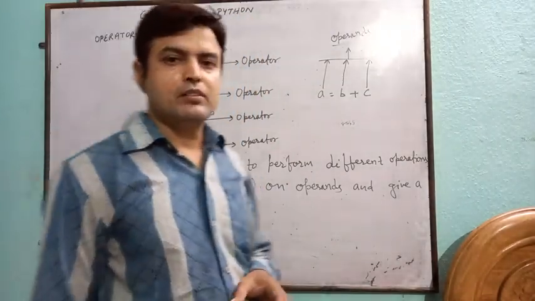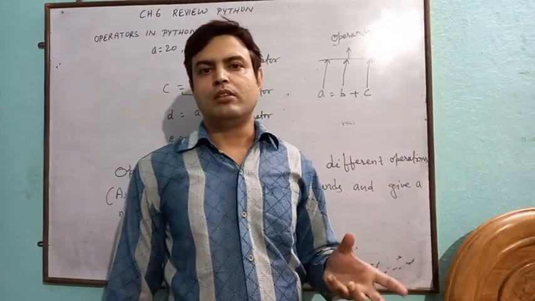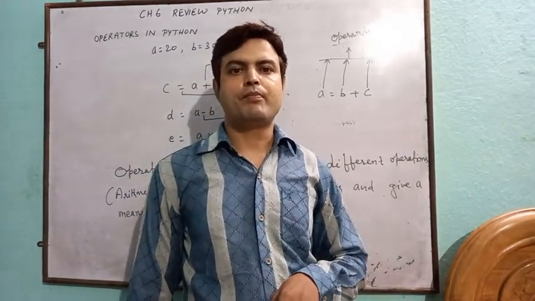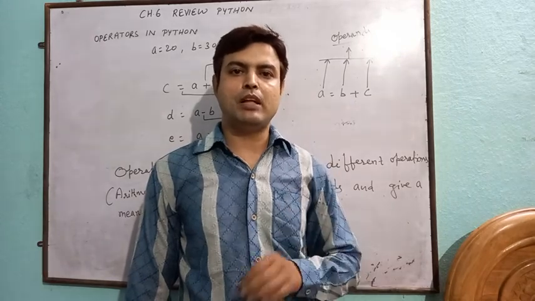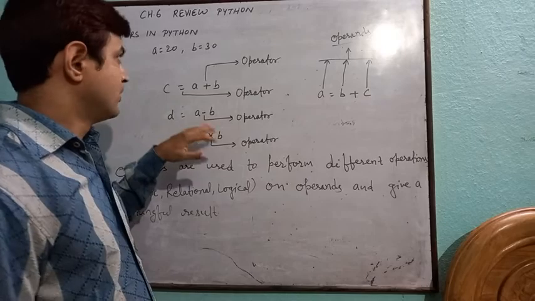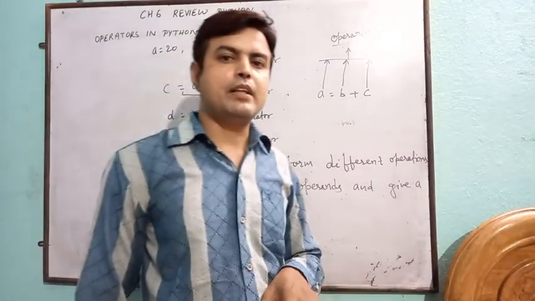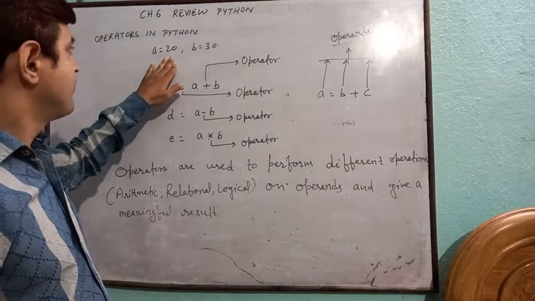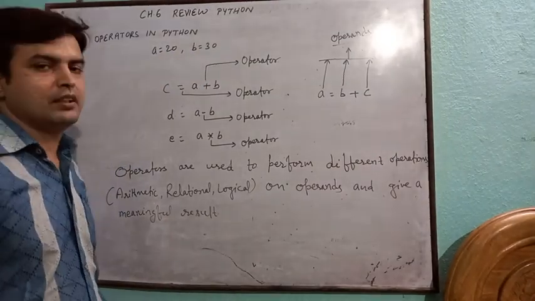Suppose in algebra you find the value of an expression if the value of the variable has been given. So let us first solve some algebraic expressions, like here we have been given a equal to 20 and b equal to 30.